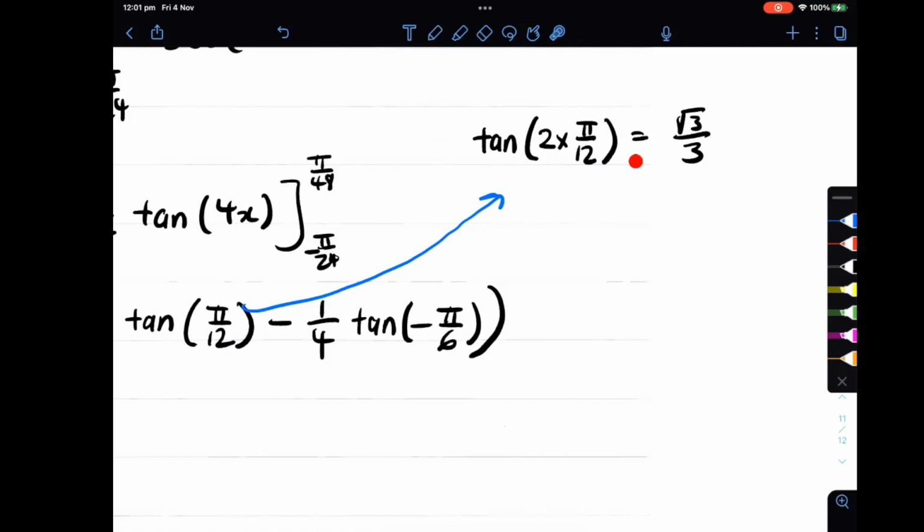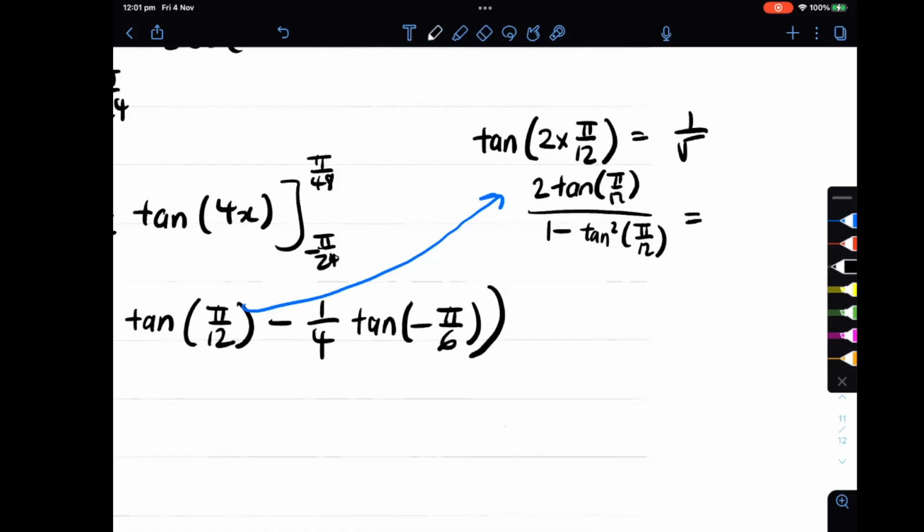We can split this up using a double angle formula, and then we can solve. So if we do double angle, we get 2 tan of pi on 12 on 1 minus tan squared of pi on 12 is equal to, we might leave this as 1 on root 3 as well.